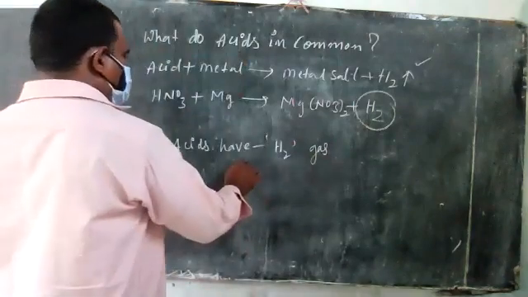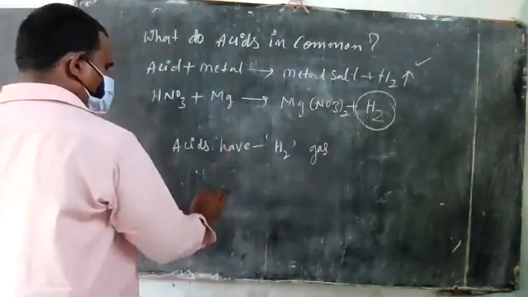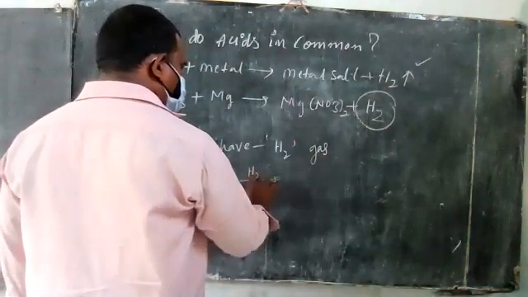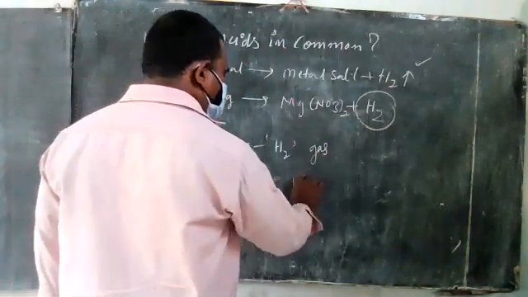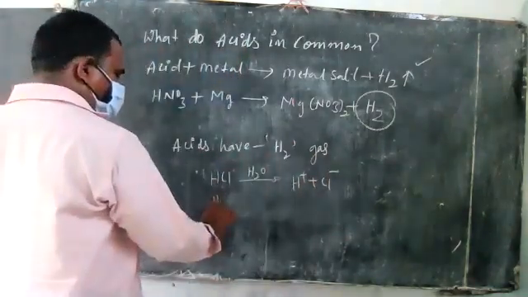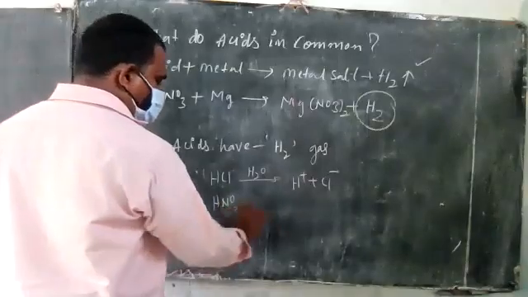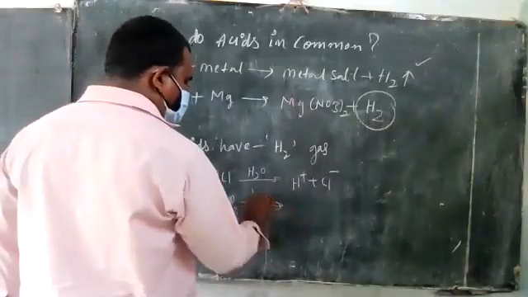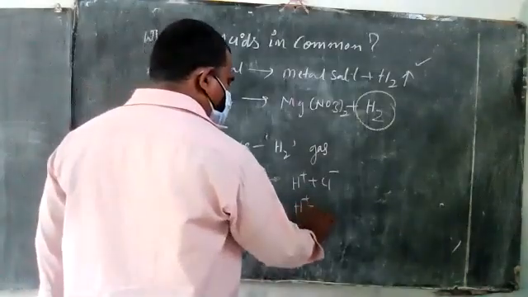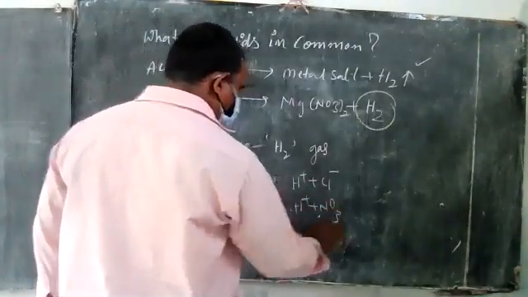In the acids, suppose HCl, in the presence of water it divides into H+ and Cl-. Now HNO3 in the presence of water divides into H+ and NO3-.